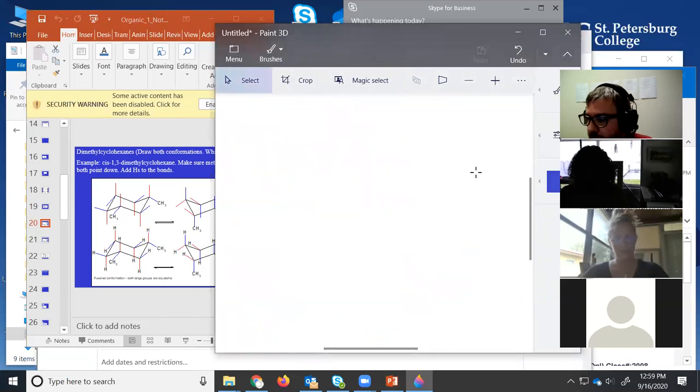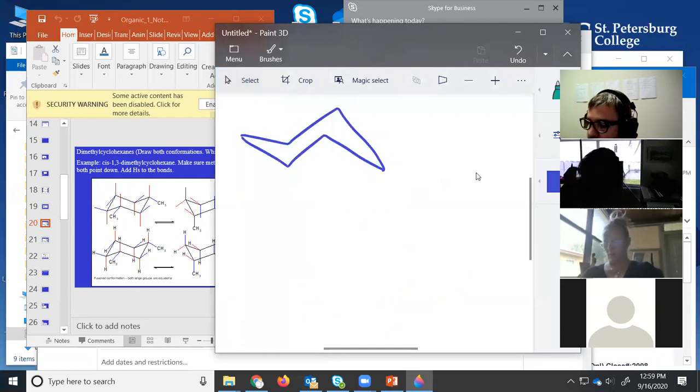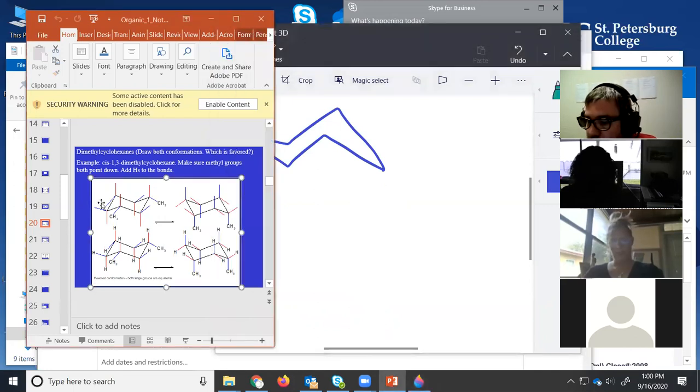And I'm going to show you how you would draw these chair conformations for that. It doesn't matter which one we start with, and it really doesn't matter which carbons you put the methyl groups on, but 1 and 3 means that it goes 1, 2, 3.